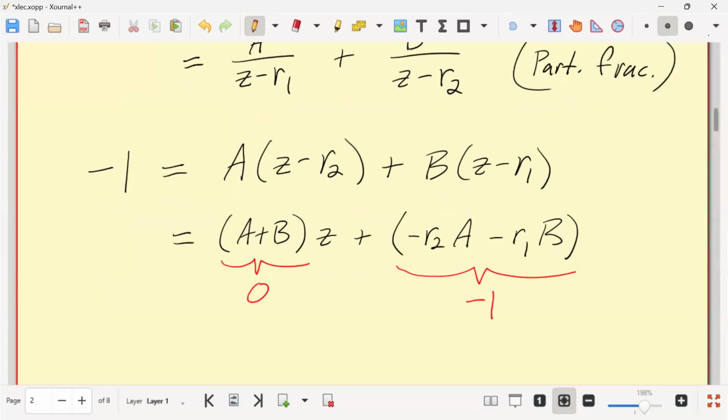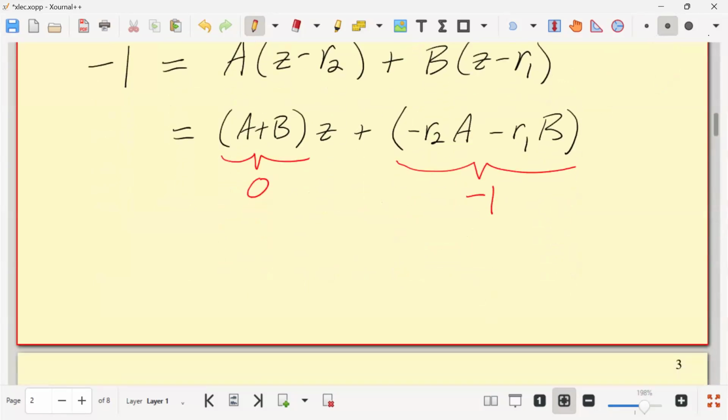And so, let's see, that's going to tell me that b is equal to minus a. So the first equation there tells me b is equal to minus a.